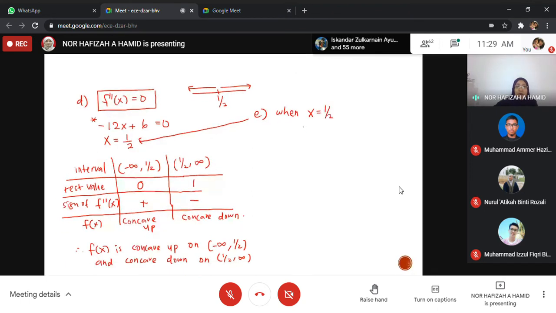Nak calculate y, you need to substitute dalam original function f(x). Nanti you akan dapat 3/2. So you will have (1/2, 3/2), yang ni is inflection point.